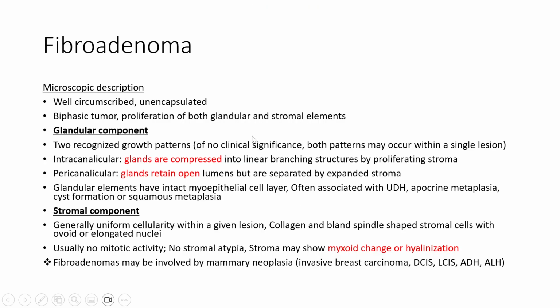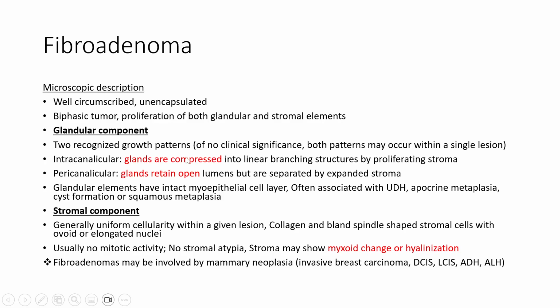For the microscopic features, first we need to see a well-demarcated, encapsulated lesion. As I mentioned, it is a biphasic tumor, so you need to see proliferation of both components. For the glandular component, there are 2 growth patterns. One is intracanalicular, where the glands are compressed, and this is the most common one.